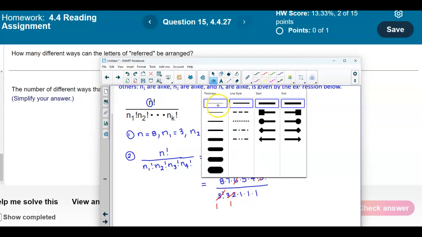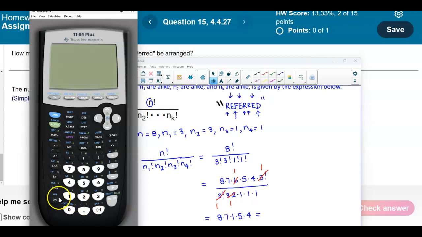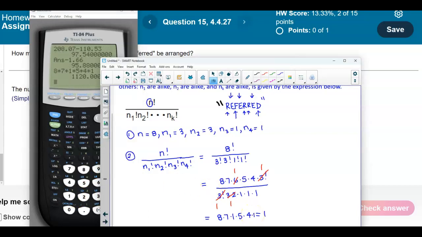So now, since we have all 1's in the denominator, we're going to multiply 8 times 7 times 1 times 5 times 4, and then there's an additional 1 that we have to multiply as well, times 1, which is going to give us 1120. So that's going to give us the answer 1120.